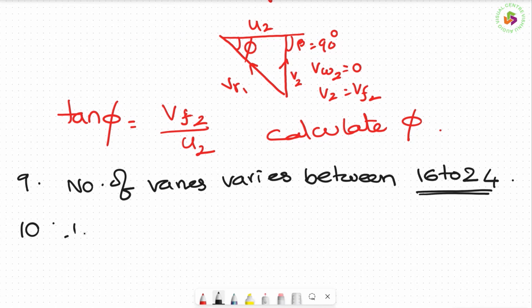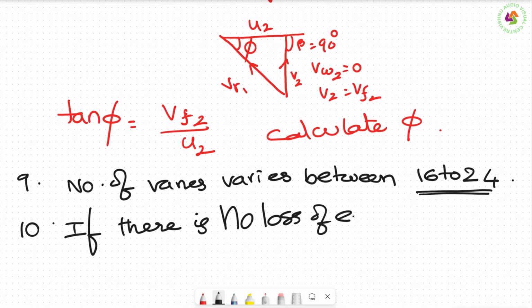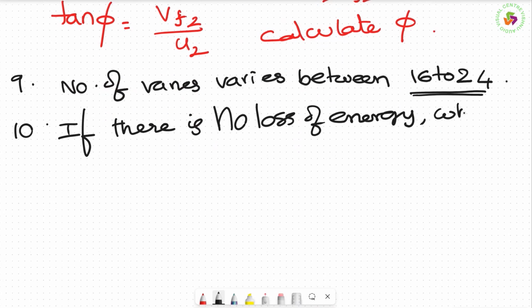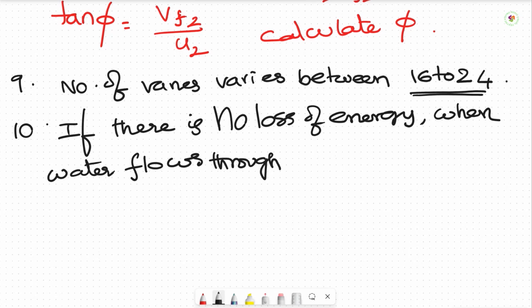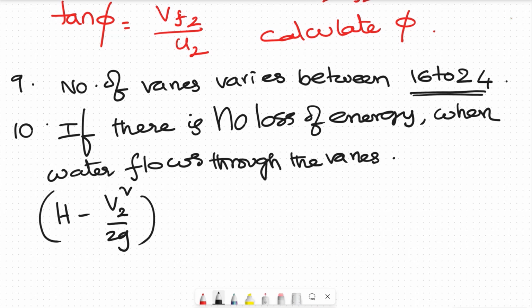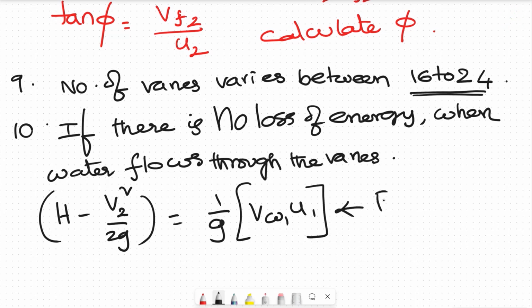The last point is, if there is no loss of energy when water flows through the vanes, H minus V2 squared by 2g is equal to 1 by g into Vw1 U1 in the case of Francis turbine.